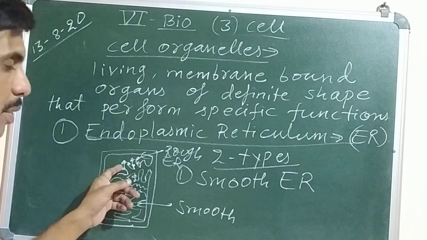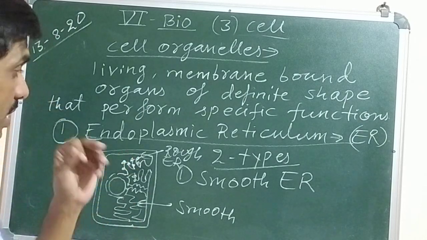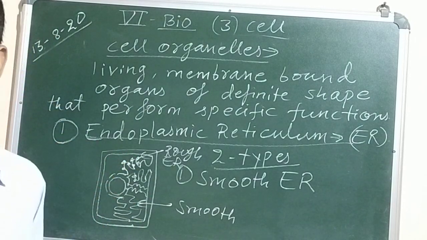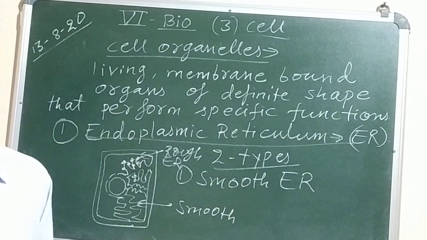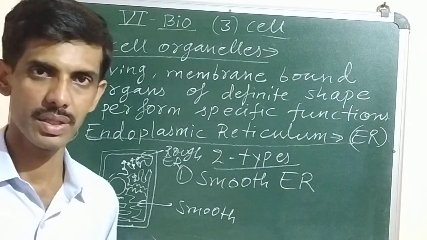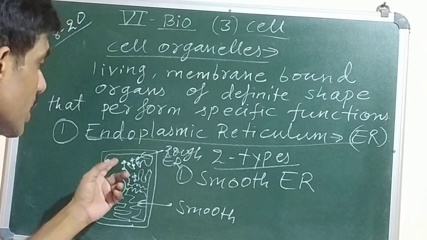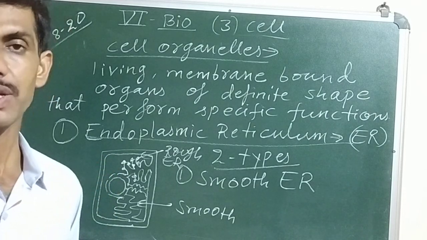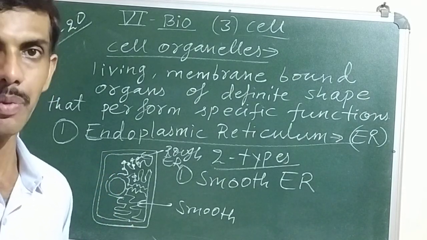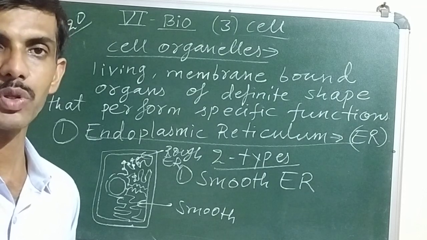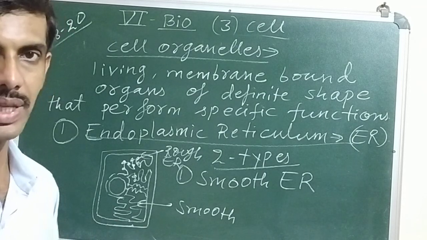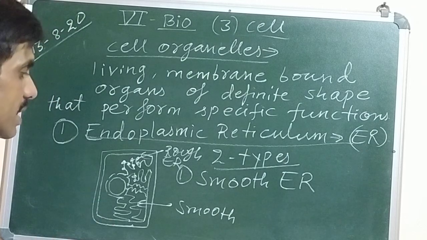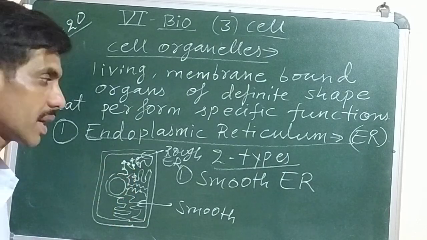The ribosomes which are present on the surface of endoplasmic reticulum are spherical bodies which help in the synthesis of proteins. So they are also called the protein factory of the cell. If asked which is the protein factory of the cell? Ribosomes. What is the function of ribosomes? To synthesize proteins. Where are they present? On the surface of endoplasmic reticulum.